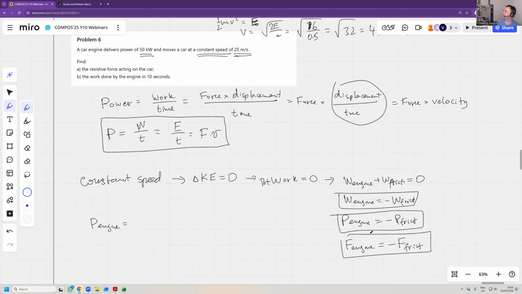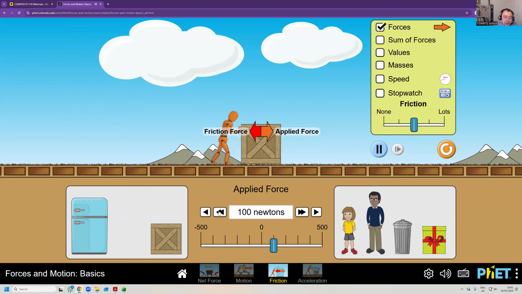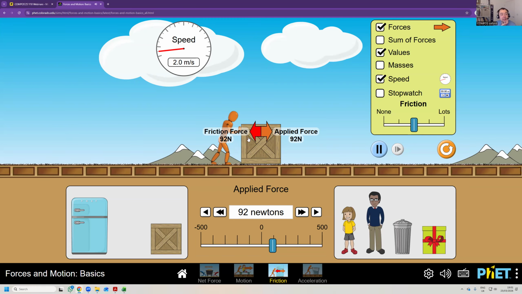Well, I think that's what I've been telling you for the last several months, trying to convince you that this is true. And this is very obvious in this situation. Look, if I push with 92 newtons, and the frictional force is 92 newtons, the speed does not change.